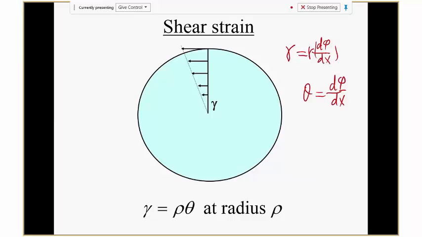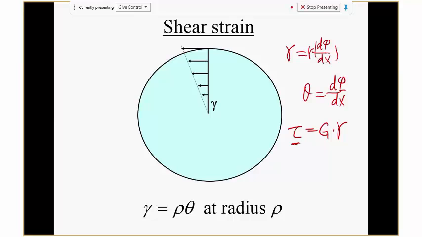Linear elastic Hooke's law. This case is shear strain, so that must be shear stress. Shear stress will be G times gamma.